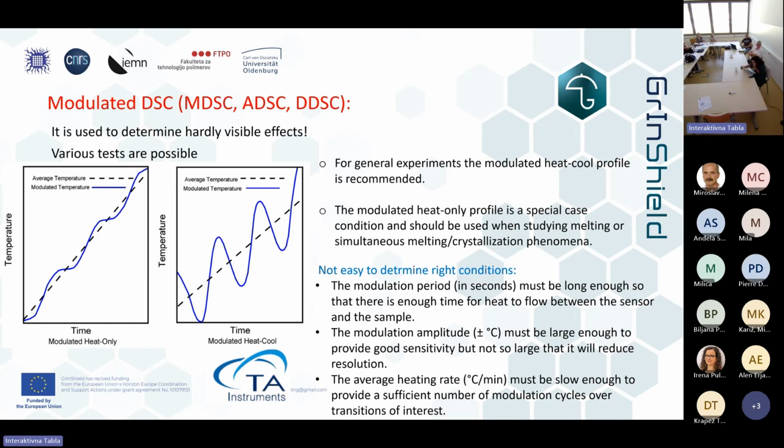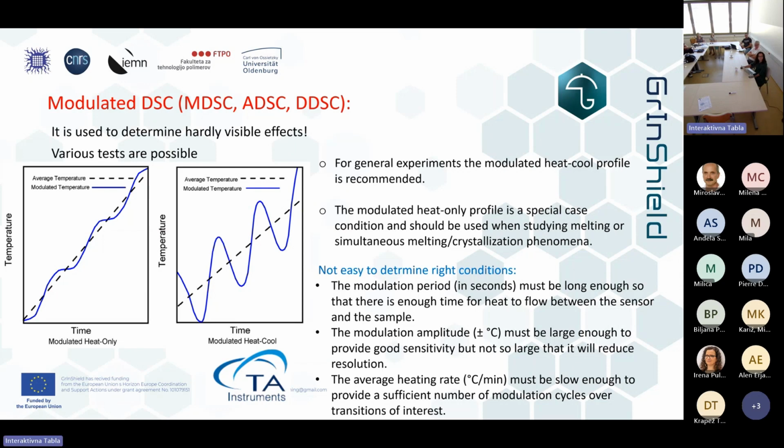How it goes: we have an average heating rate, which is usually less than 5 degrees Celsius per minute. And on this, we apply sinusoidal modulation of temperature. We can do it so we have only heat modulation or heat-cool modulation, so it goes down below this average and so on.